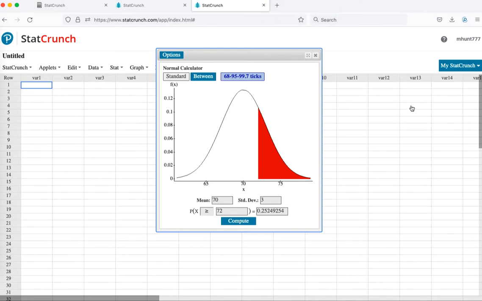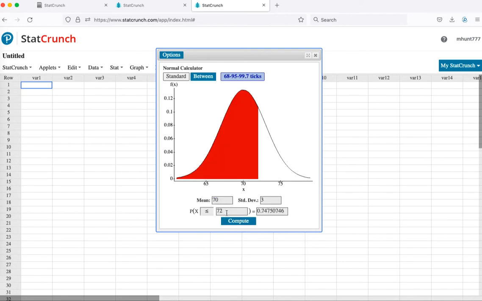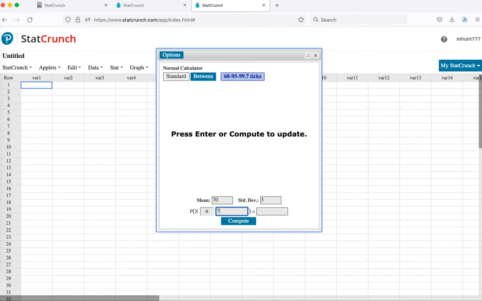The next part of the question says, for the same population, what is the percent of males whose height will be less than 68 inches? So we're going to switch back to less than, and we're going to change this to 68. No need to change the mean and standard deviation.